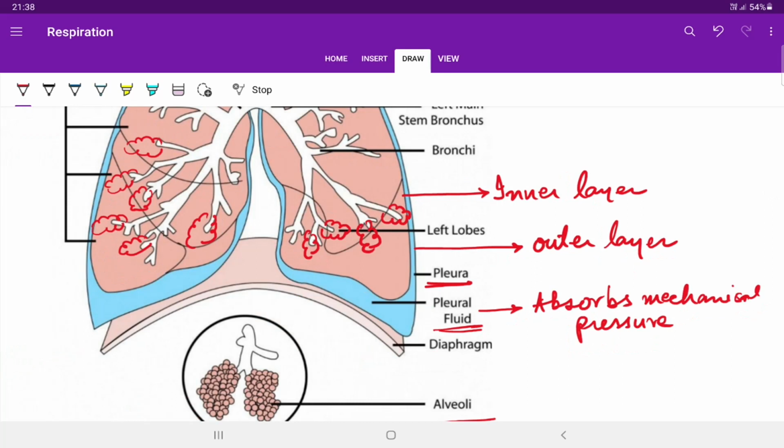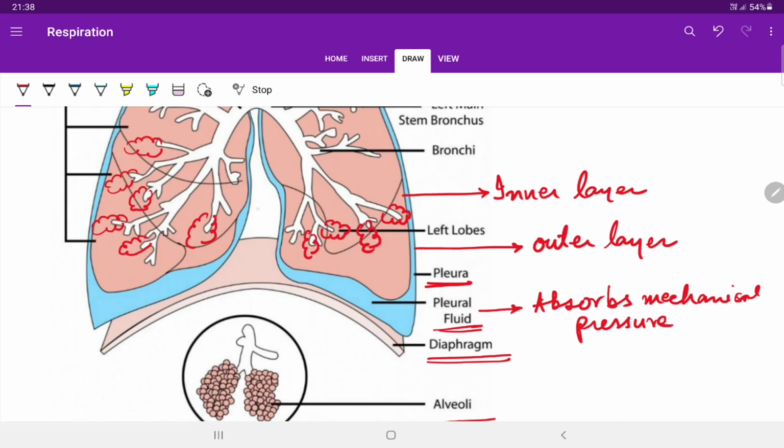At the base of the lungs, we will find a muscular sheet. It is called the diaphragm. Whenever we are at resting condition or whenever we are exhaling, the diaphragm moves up into this inverted U-shaped structure, and whenever we inhale, the diaphragm extends down.